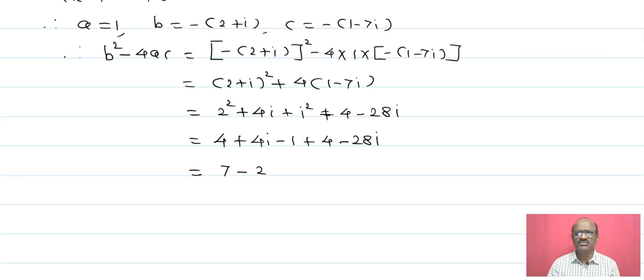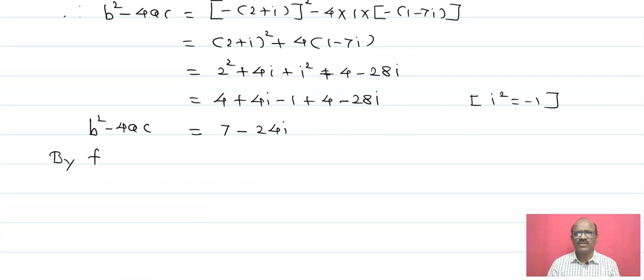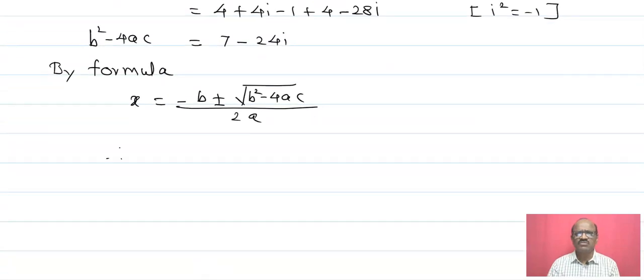Expand this: 2 square plus 4i plus i square, and 4 multiplied with minus 7i is minus 28i. 2 square means 4, and i square is minus 1, so 4 minus 1 and 4 minus 28i. Overall, you are getting b square minus 4ac is equal to 7 minus 24i.